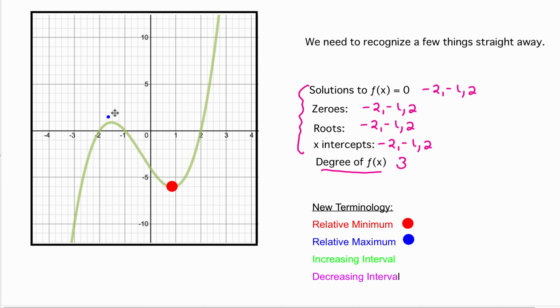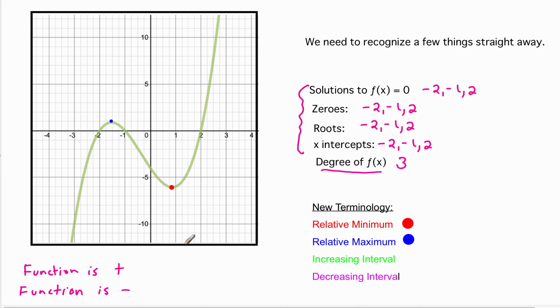Make that dot a little smaller. Boom, right there. Make that dot a little smaller right there. Boom. Okay. It's where our function is positive and where our function is negative.